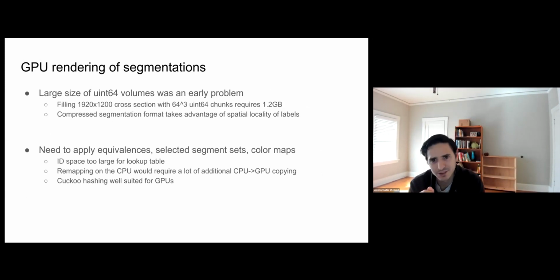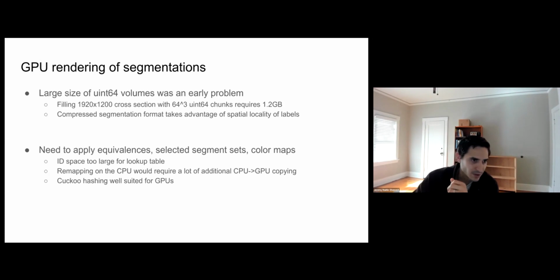One of the issues that came up very early with Neuroglancer was the large size of uint64 volumes. At Google, we've been using 64-bit integers to represent all of our segment labels. Initially, we probably could have gotten by with 32 bits, but as we've gotten to these larger segmentations, that wouldn't be sufficient. In any case, we had been using 64 bits regardless.